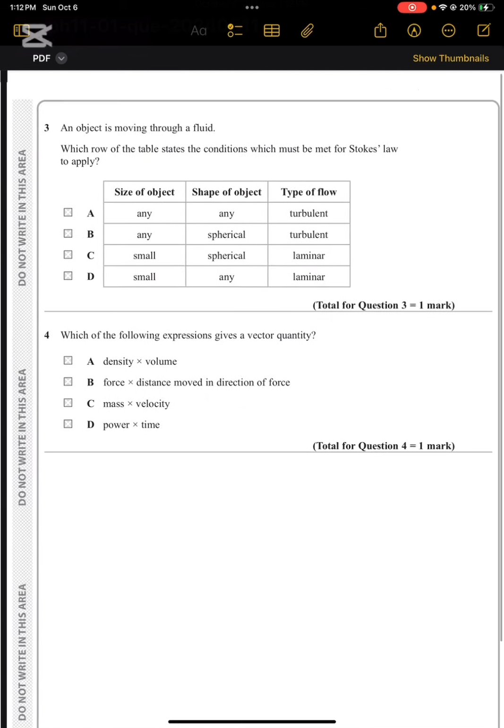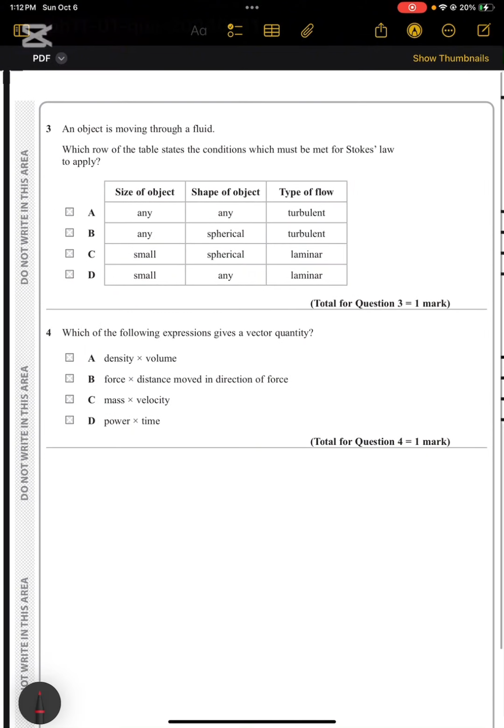Moving forward to question number 3, they have said an object is moving through a fluid. Which row of the table shows the conditions for Stokes' law? We know whenever something is moving through a fluid, it has to be spherical, it has to be small, and the flow around it needs to be laminar and cannot be turbulent.